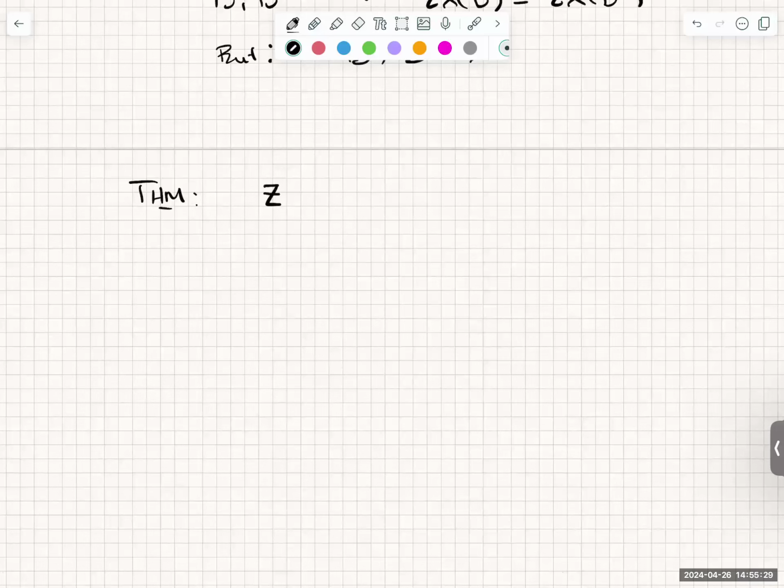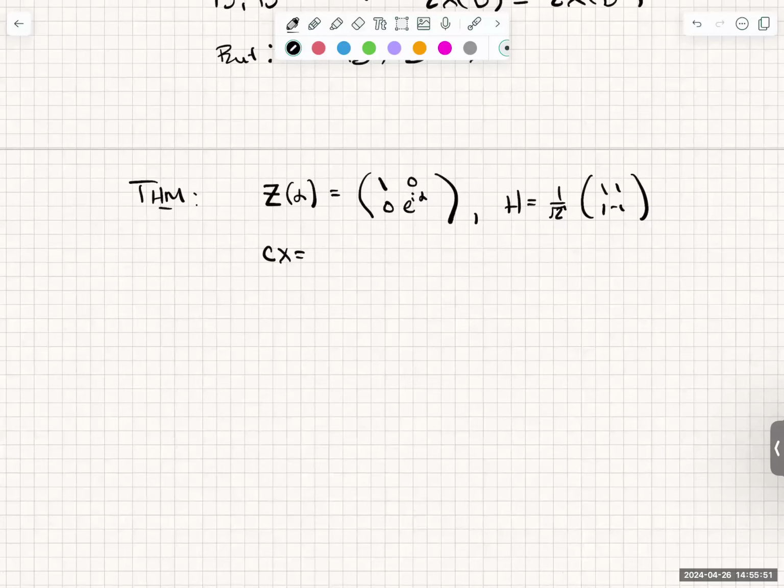If I have a Z that looks like this, just to make it look like the other notation, and I have an H that looks like this, which I already wrote, and I have this thing called a controlled NOT, which is going to look diagonal here, off diagonal here.